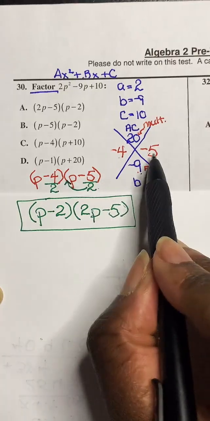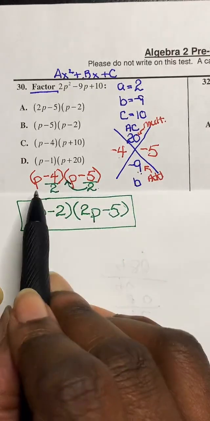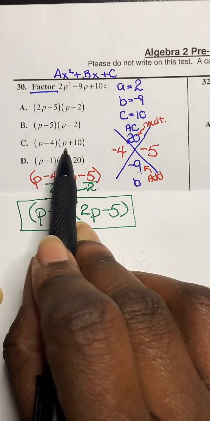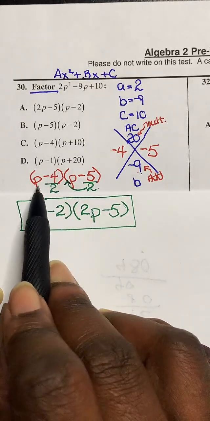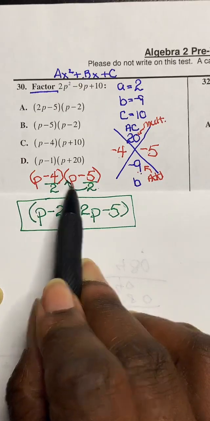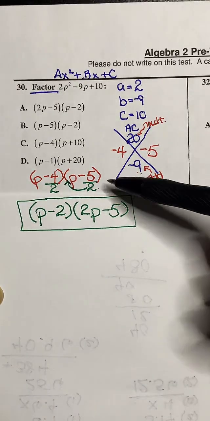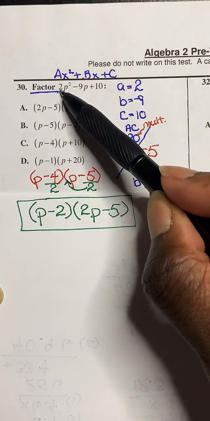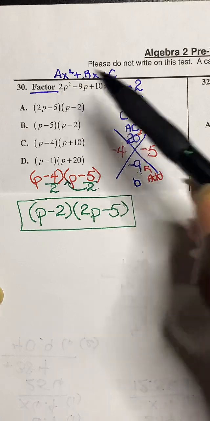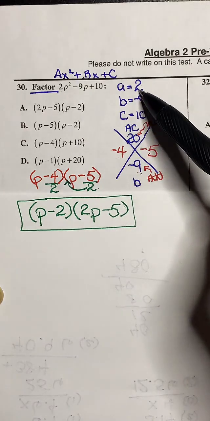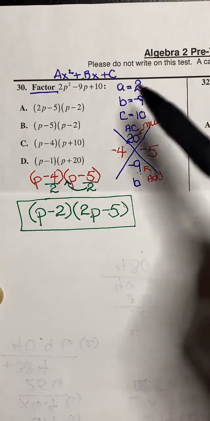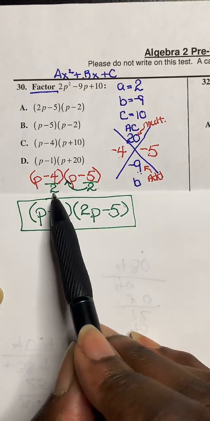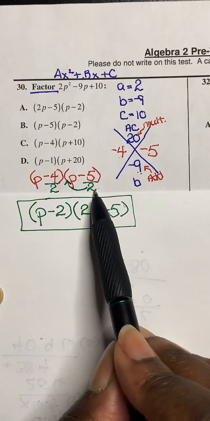Okay, so we took the two numbers, we put them into separate parentheses using the variable of the problem, which is p's. So there's a p there, there's a p there. So where did the 2 come from? The 2 is your a from the equation. Remember how we said a equals 2? We're going to divide both the -4 and the -5 by those 2's.